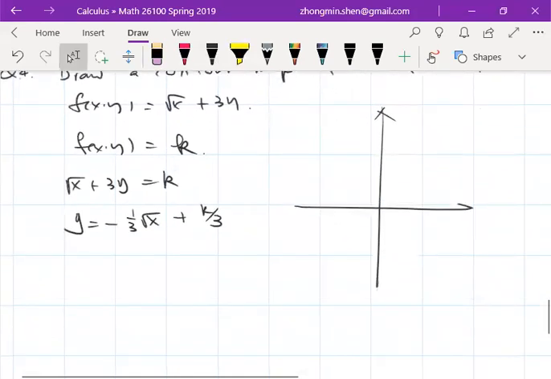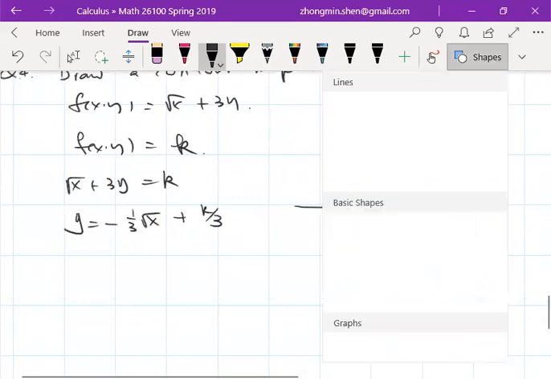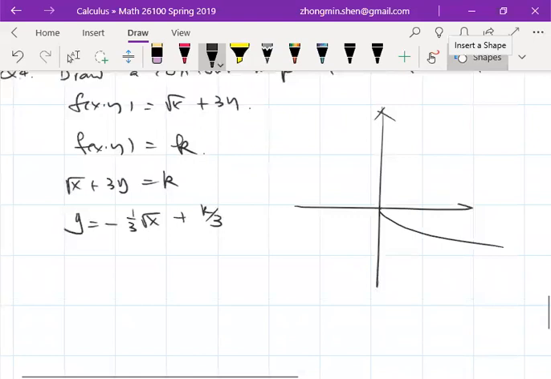So first of all, it's clear that you have to draw the picture when k equals 0. When k equals 0, this is going to be like that. So this is going to be k equals 0. You have to mark it. You cannot just draw 3 curves. You have to clearly mark the value of k.